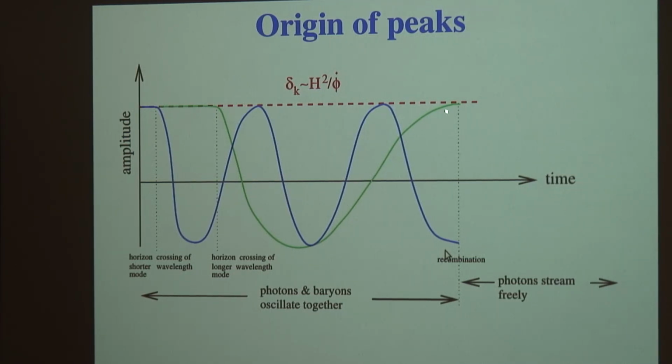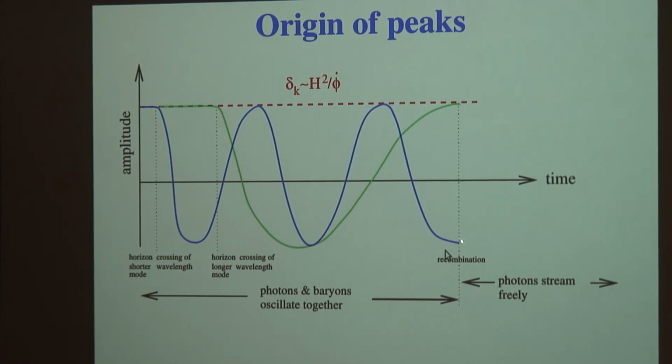It oscillates with about the same amplitude, but you can see because of this time lag, it's out of phase with the other one. And so these sound waves are all out of phase with each other depending on their relative wavelengths.